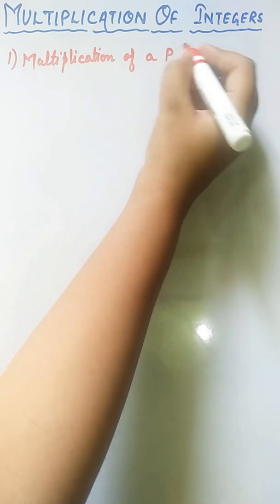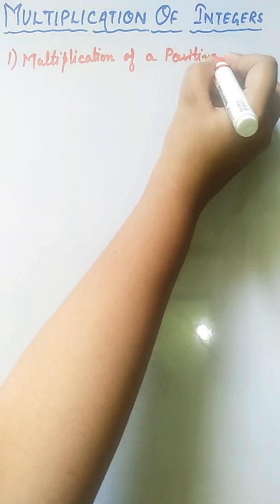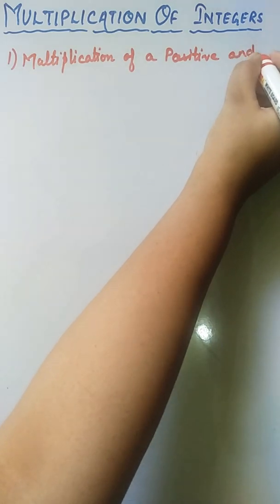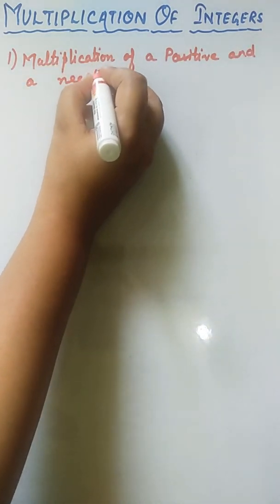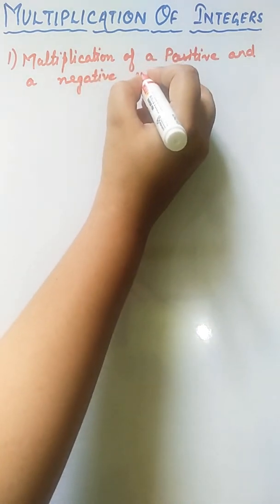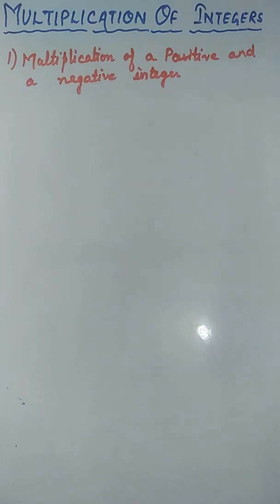So if one integer is positive and one is negative, what will you do?